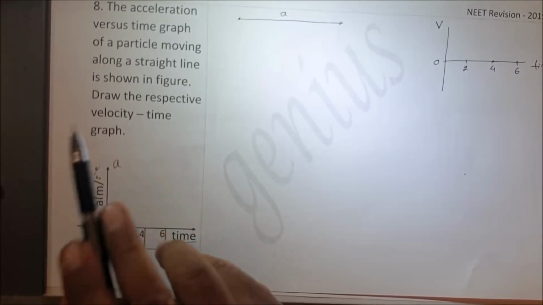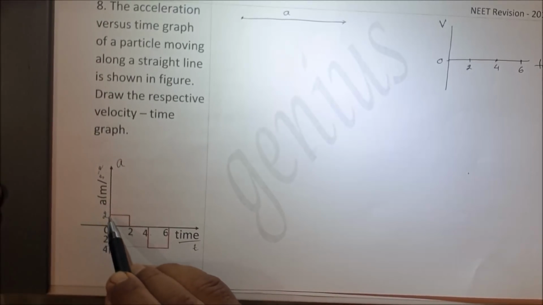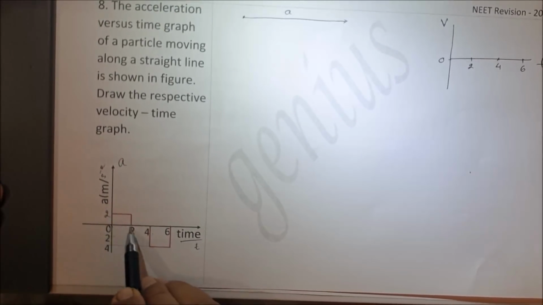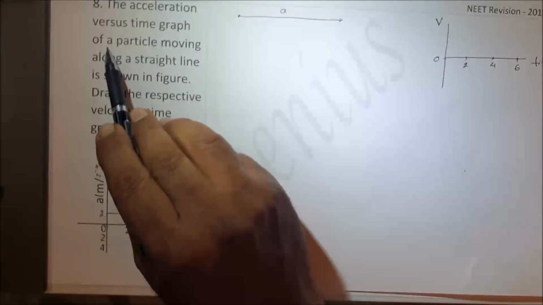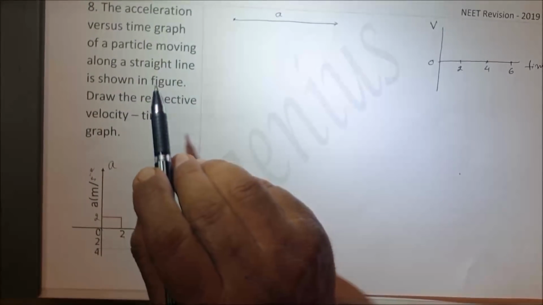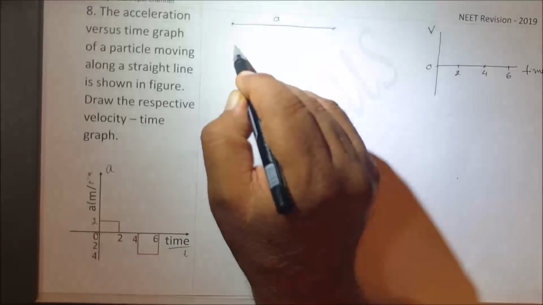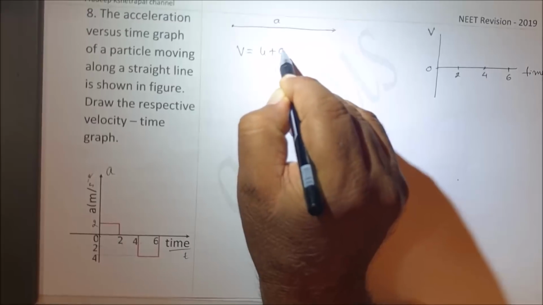Now, initially the acceleration is 2 for 2 seconds. If there is an acceleration for 2 seconds, then there will be a change in the velocity. So in 2 seconds, what will be the final velocity?